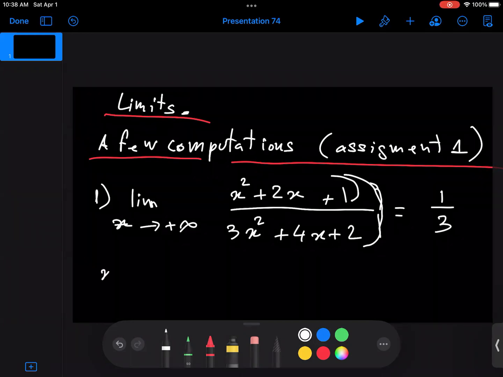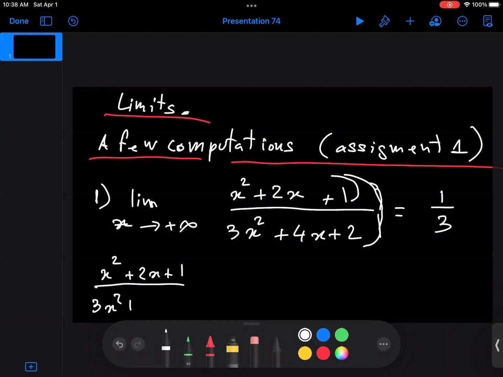So let's write here the fraction. You all should know, I assume, that you can put x squared in front. If I choose x squared in front of the numerator, I obtain 1 plus 2 divided by x plus 1 divided by x squared.